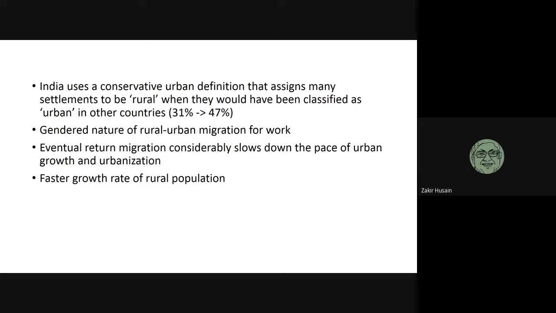And the final reason is, as we had seen in the last class, it is not just the urban population that matters. The pace at which the rural population is growing is also important. So if the urban population is increasing by 10% in a decade, which is pretty high, but the rural population is increasing by 12%, urbanization will actually decline.